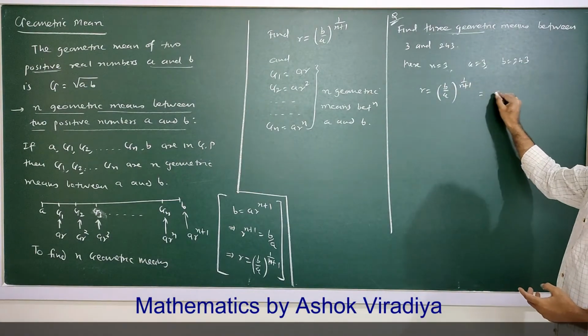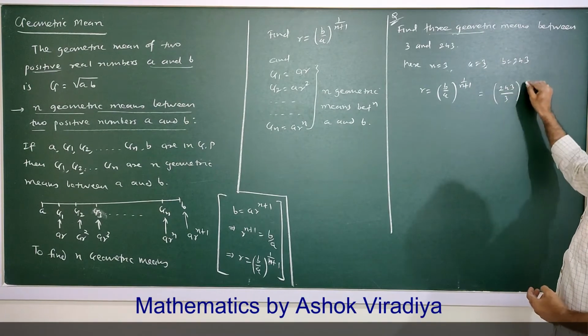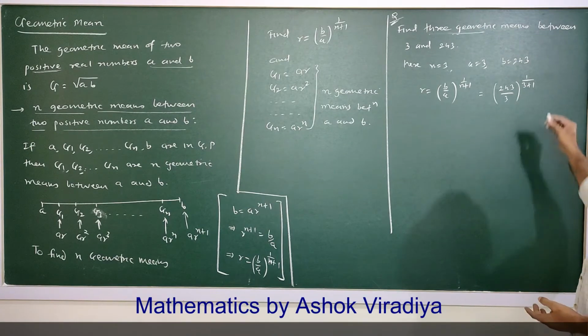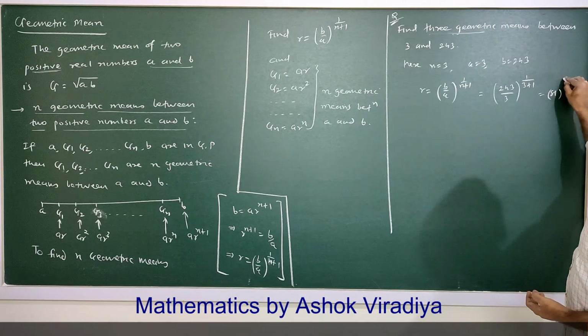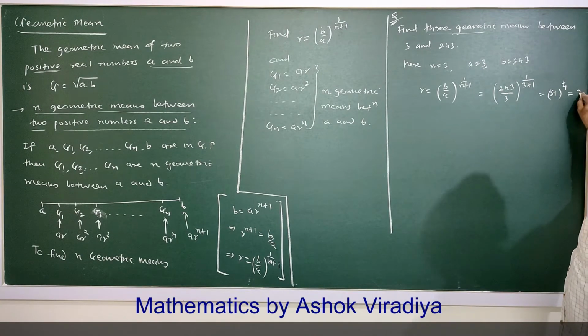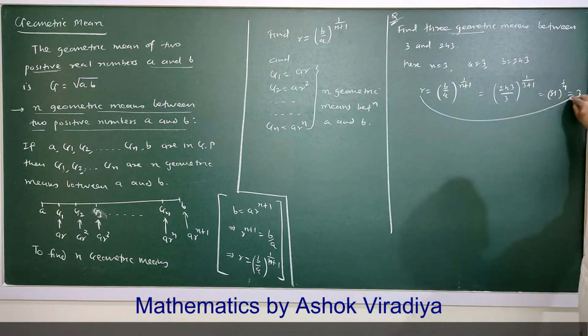So the ratio is (243 upon 3) raised to 1 upon 3 plus 1. So it is 81 raised to 1 by 4. So this is 3. So the ratio is 3.